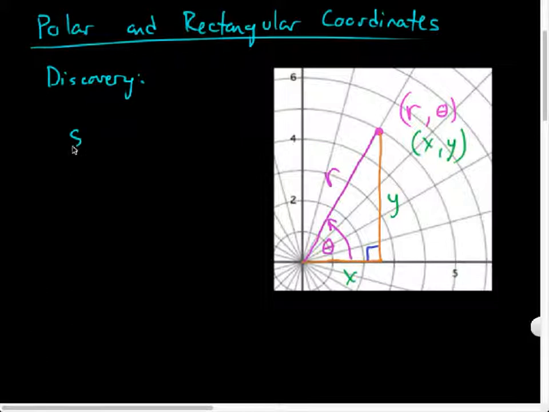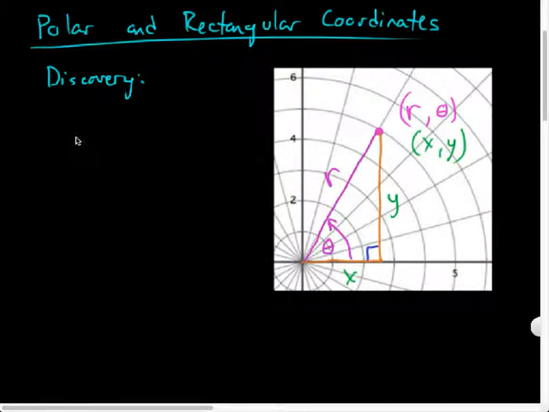So sine theta would equal x over r. So if I multiply both sides by r, I would end up getting x equals r times sine. Nope, I messed up.